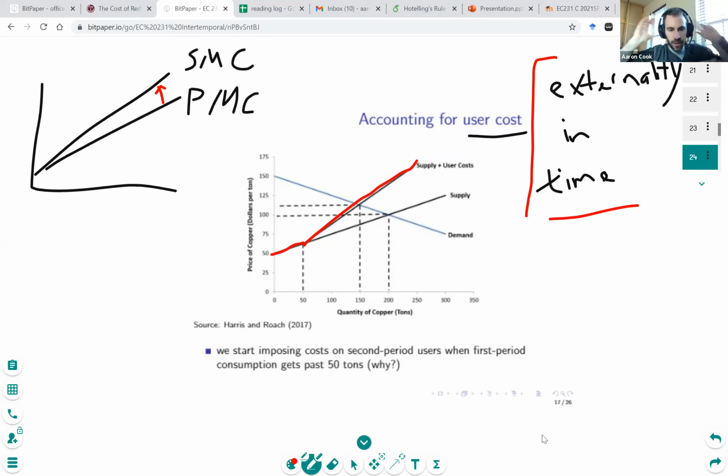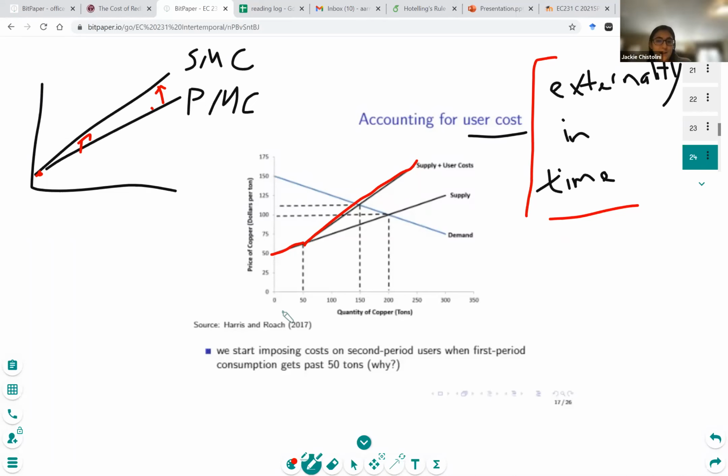Now, the question I want to pose to the class right now is why does it only start at 50? Why is there a kink here in the curve at 50? Why does it only start to slope up more steeply at 50 rather than immediately, like what we had in our different pollution cases where the social marginal cost curves increased right away?